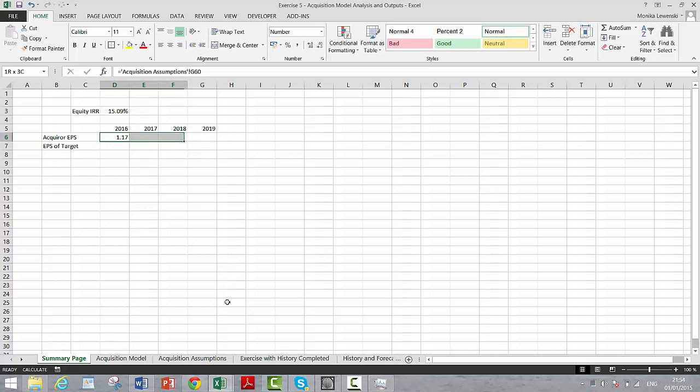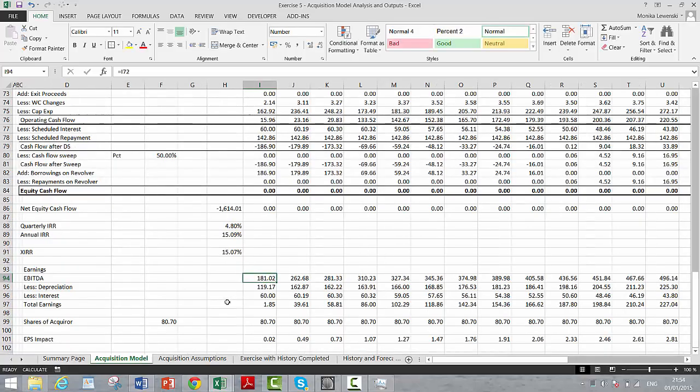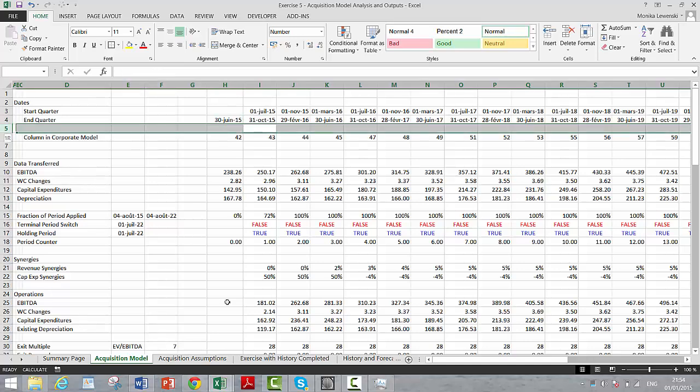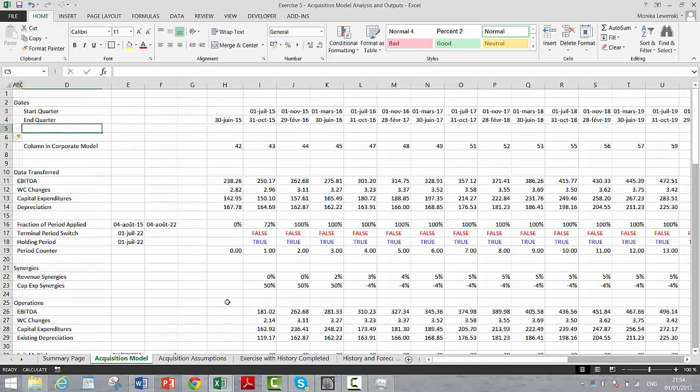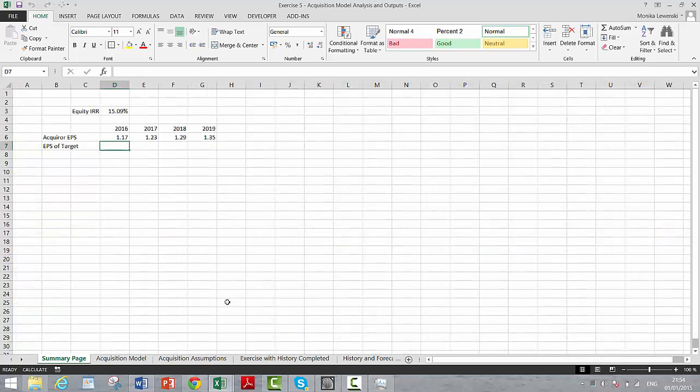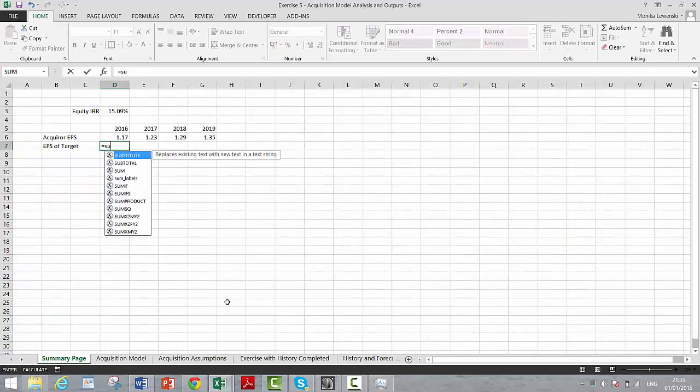Okay, and the EPS of the target is here. This is going to be a little trickier because what we need to do is go all the way up here, and right after the end of the quarter, let's put the year. Okay, and then we can use the sumif.